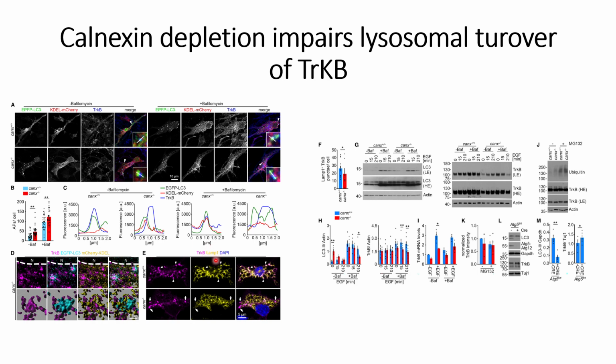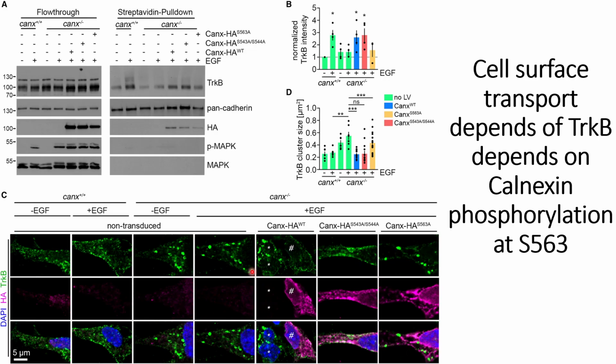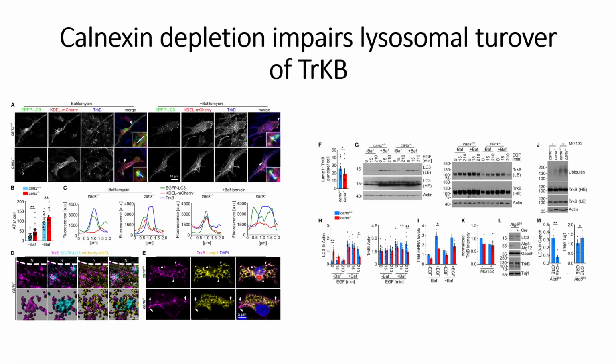When they use LAMP1, they can see that in the wild type cells, the lysosomes are working normally. That is, they are acting on almost all the TrkBs in the basal conditions.